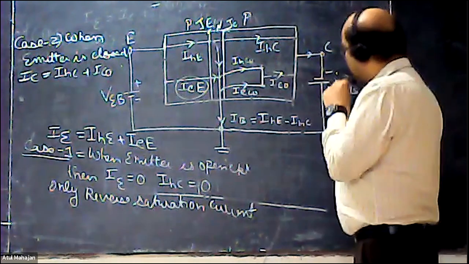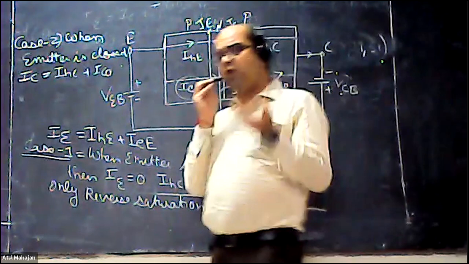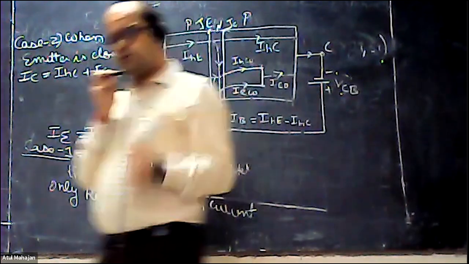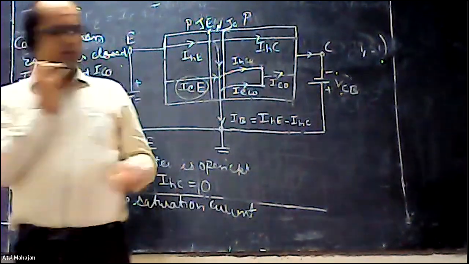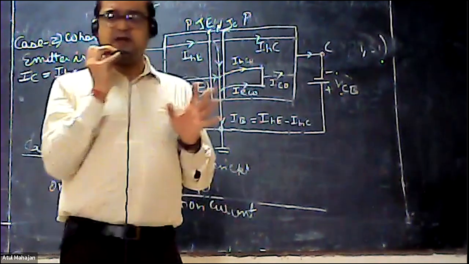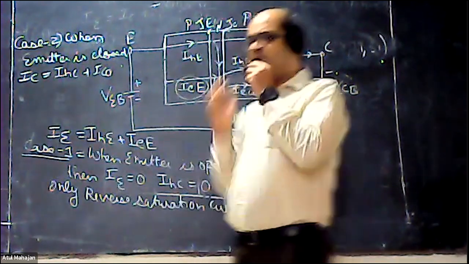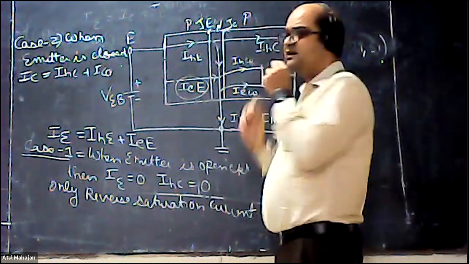But because of this reverse bias, there will be some amount of reverse bias current also. Yes, it will be there, and that is known as your reverse saturation current, which is produced because of the reverse bias voltage.